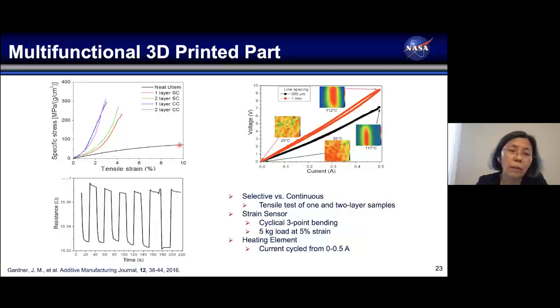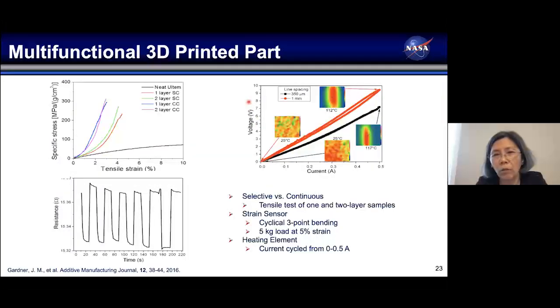Essentially, this is Ultem plastic, and depending on how we print the yarn, you can have increased mechanical properties. At the same time, this is resistance versus time, and you can see that we can track resistance as we change it, so it is basically useful as a sensor.